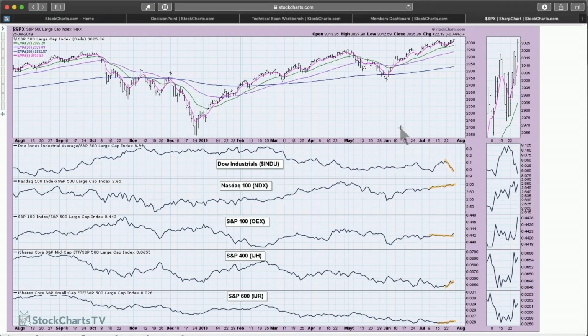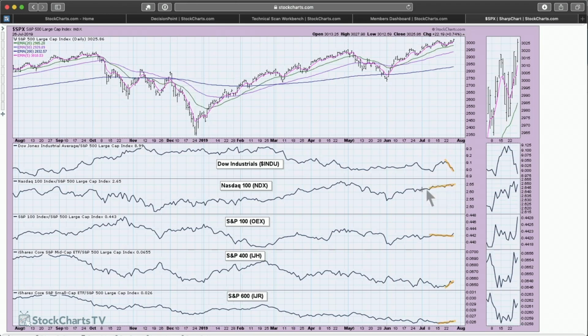We're going to go ahead and get started with the price relative chart. The Dow had been leading and outperforming quite a bit at the beginning of July, but wow, it's really fallen off a cliff this last week. There were some poor earnings reports that came out for Caterpillar and Boeing, and it's been dragging the Dow downward, and that's why we're seeing that underperformance in comparison to the S&P 500.